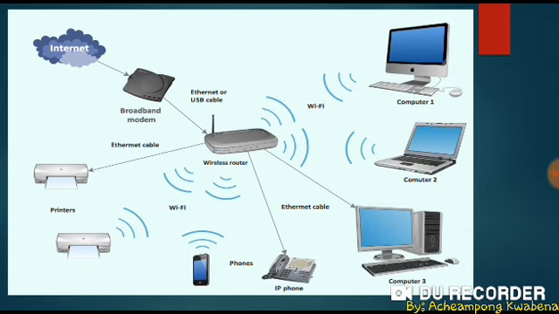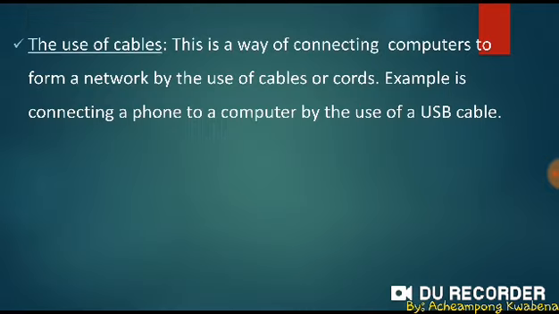Now let's look at the second way of connecting or forming a computer network. That's the use of USB cables or network cables. The use of cables is a way of connecting computers to form a network by the use of cables or cords.